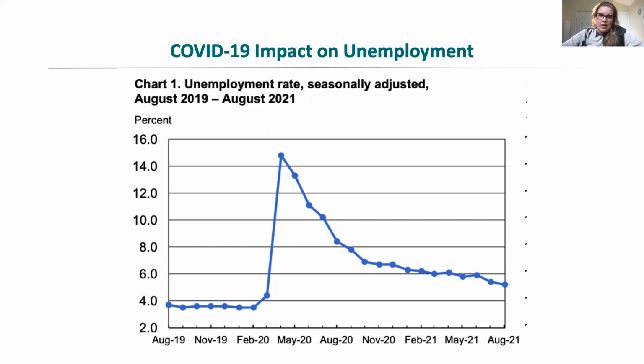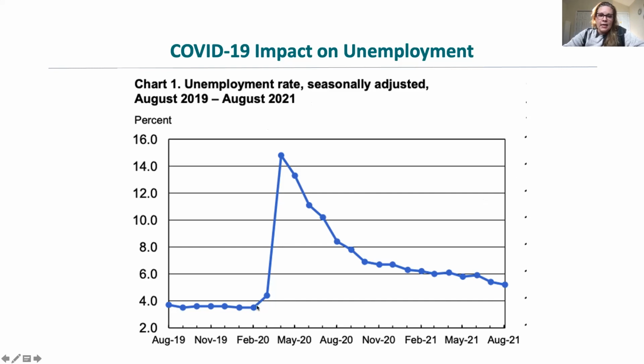Switching to the current recession that we're in, the COVID-19 impact on unemployment has been huge. As you can see from this graph, this is measuring the unemployment rate adjusted for seasons between August 2019 and August 2021, where we just were. And you can see that the unemployment was a healthy amount, hovering just about at 4% in 2019.